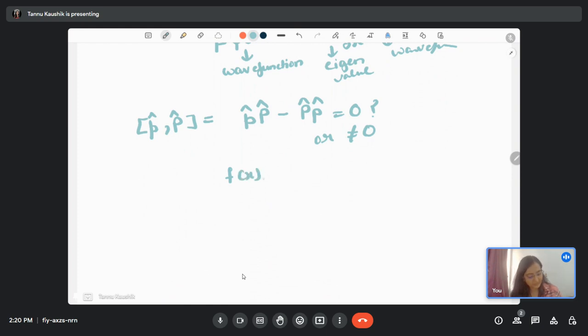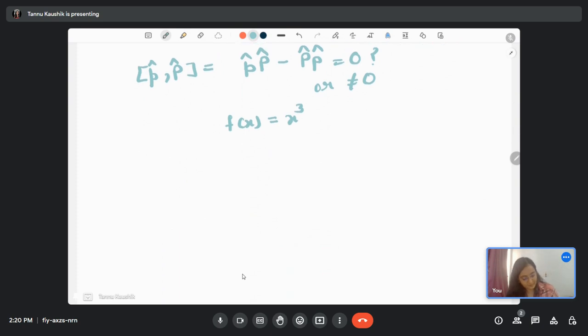Okay, so here we will again take psi of x, or we can say f of x, as x cube. Okay, so now let's operate this.